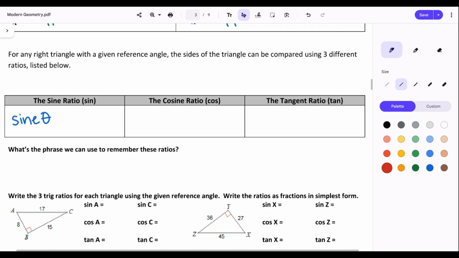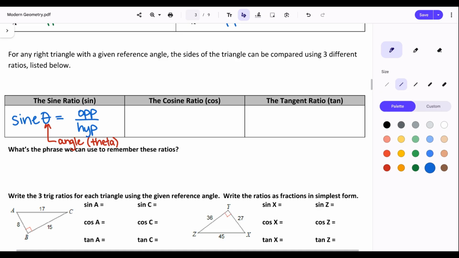Just so you know, this symbol is talking about an angle, and it's the Greek letter theta. Sometimes in math, we use Greek letters to notate certain things. So instead of putting an X or a Y there, they're using that theta symbol to represent the angle that we don't know. Okay, and what sine is, it's the opposite side over the hypotenuse side.